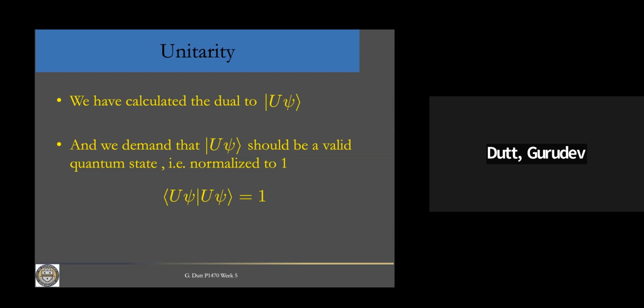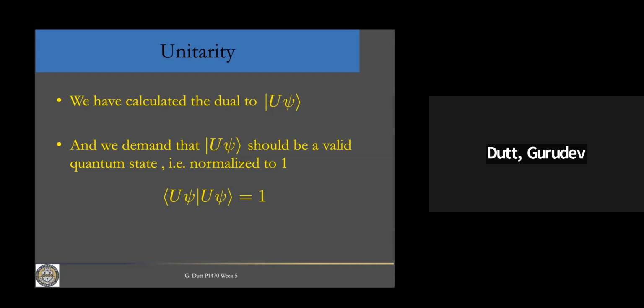So the only way I can satisfy this is by demanding U dagger U be the identity operator. U dagger U must be the identity matrix.